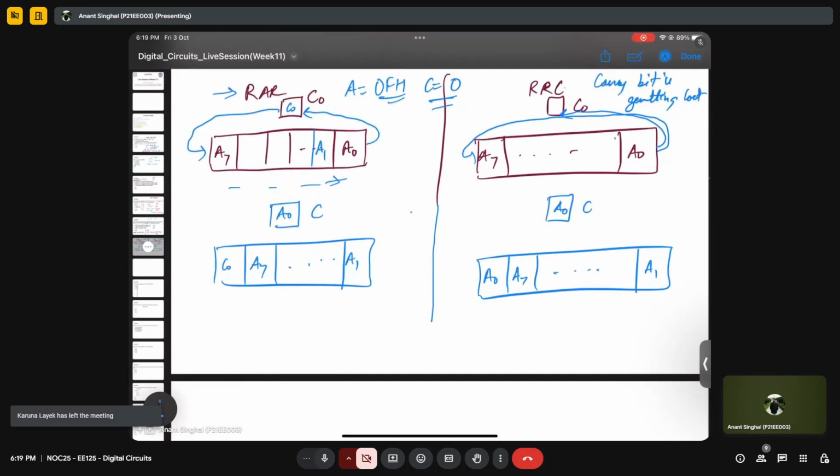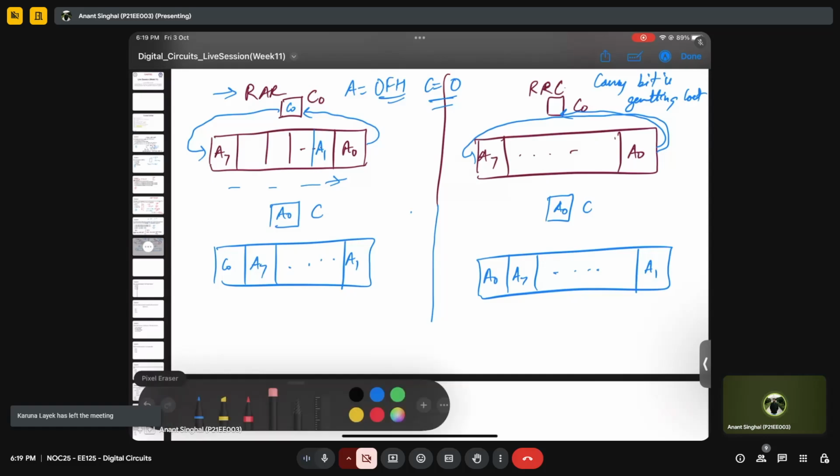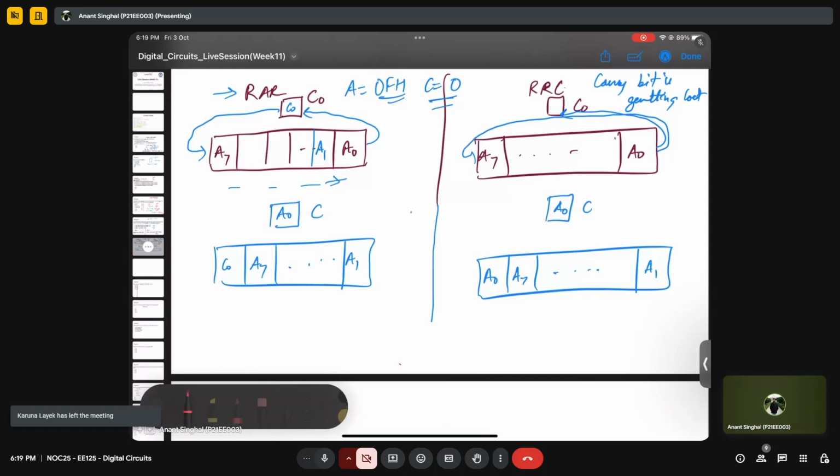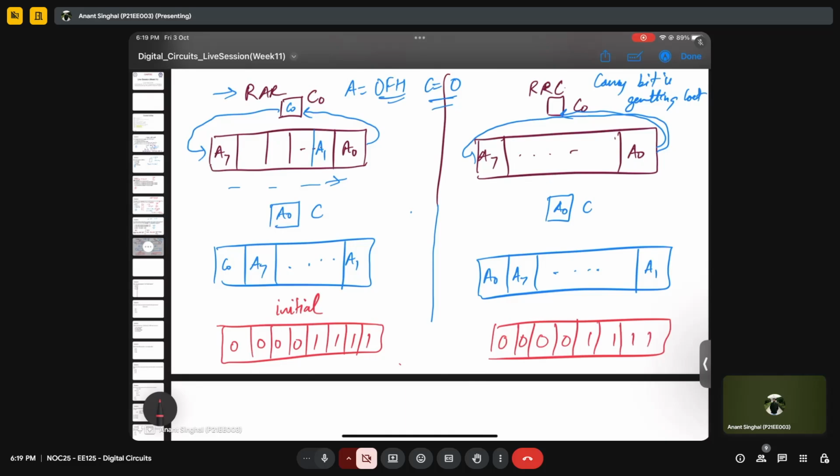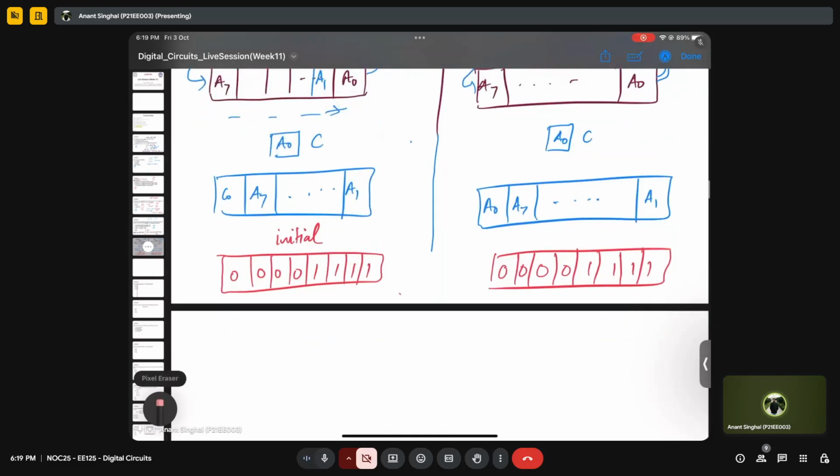Okay, so let me do that then. Initially we have 0FH. Let me write, 0 and F are the actual contents. 0 means the 4 bits are 0, and F means 1, 1, 1, 1. So this is the initial value. Now RAR is happening, and the carry flag is 0 as the question says, so I'll write 0.